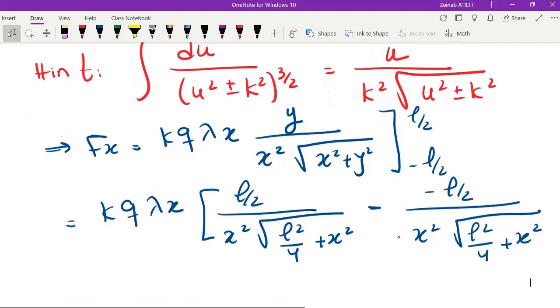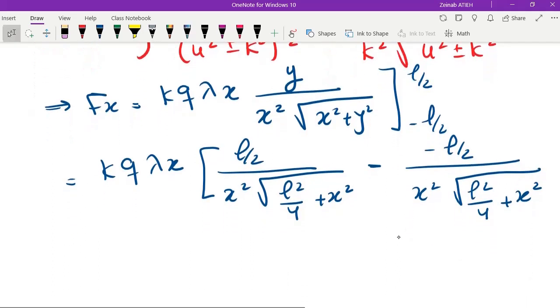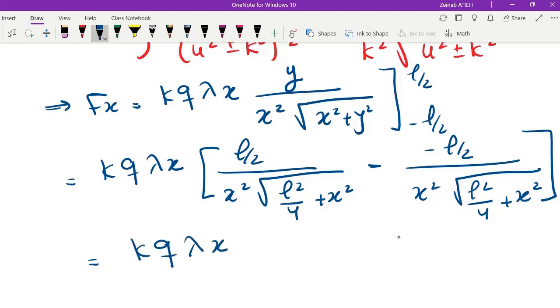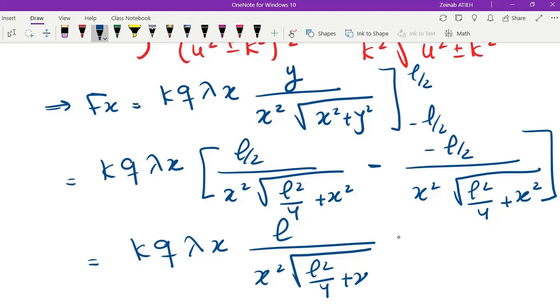So L over 2 minus minus L over 2 gives L. So it's k q lambda x L over x squared radical L squared over 4 plus x squared.